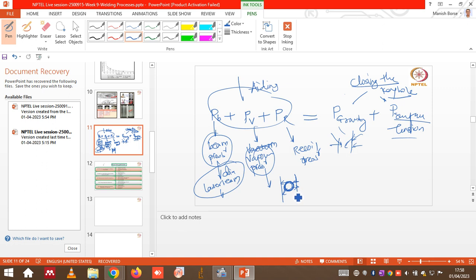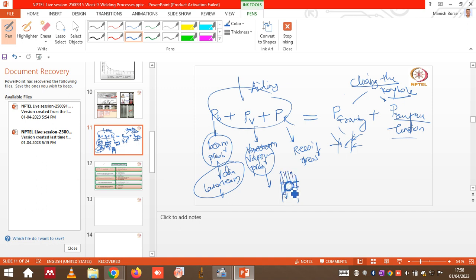Okay, and recoil pressure is also from the vapors which are formed in the nugget zone or in the weld section. So those vapors try to escape to the atmosphere. Okay, try to escape. So if they are moving upwards, they will push the force downward.